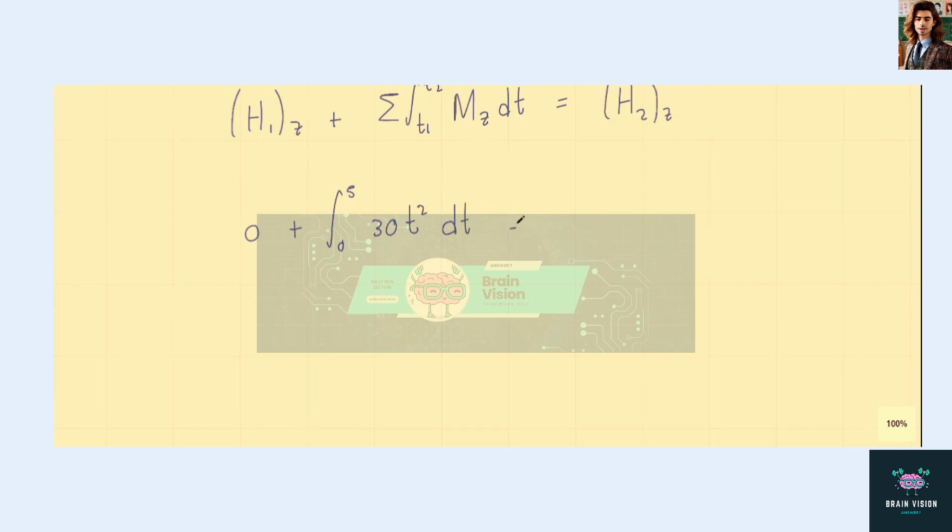We also have the force reaction impulse, which again is over 5 seconds, and the force given by the wheels is 15t multiplied by the distance from the z-axis, which is 4 meters, dt.